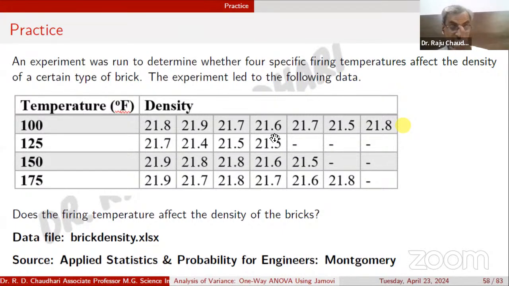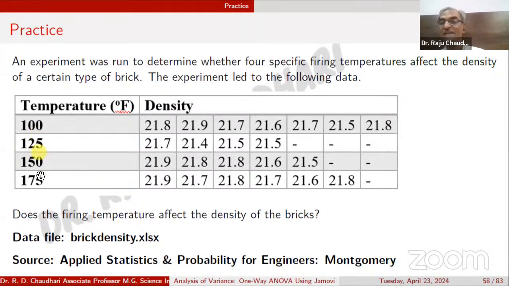Very good. Now, how can you enter the data? First column, either first or second column, right? There are a number of observations here. So density is a continuous variable, and temperature shows 100, 125, 150, 175, but we can label them temperature 100, temperature 125, temperature 150, temperature 175.